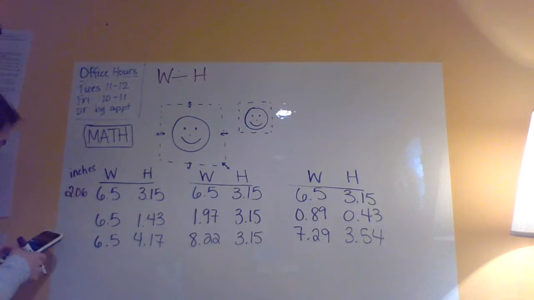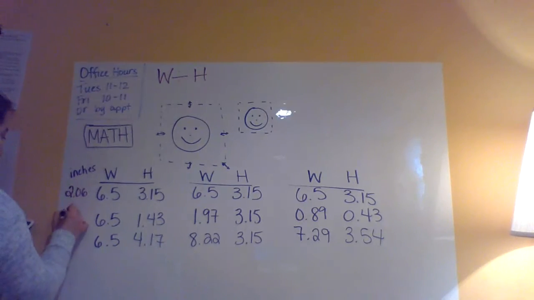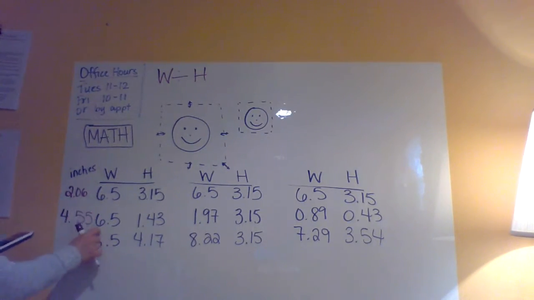What if I divide the next two? 6.5 divided by 1.43 is 4.55. This is now 4 times as big as that. It's clearly not going to give us the same shape picture. And if I divide these, I get 1.56.